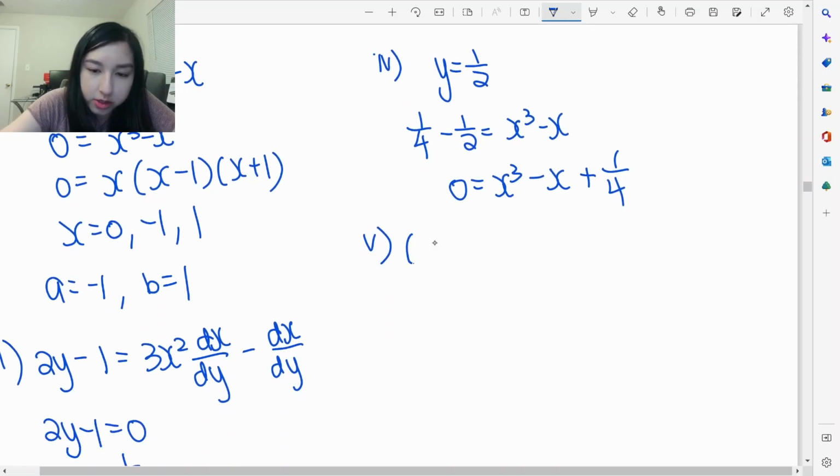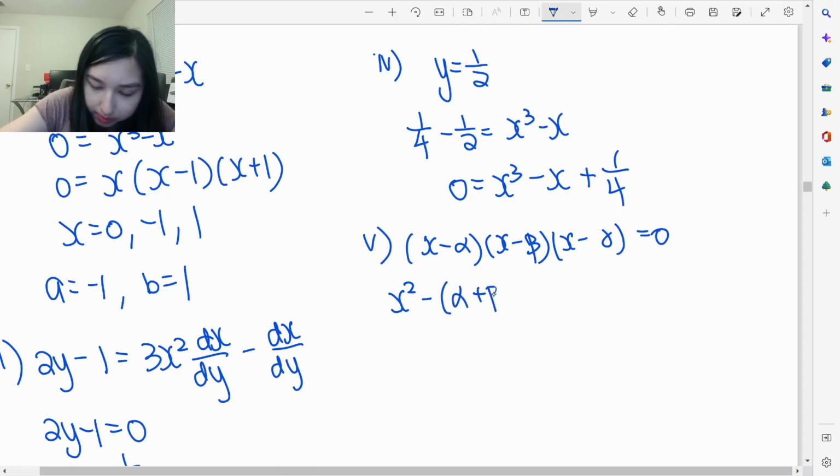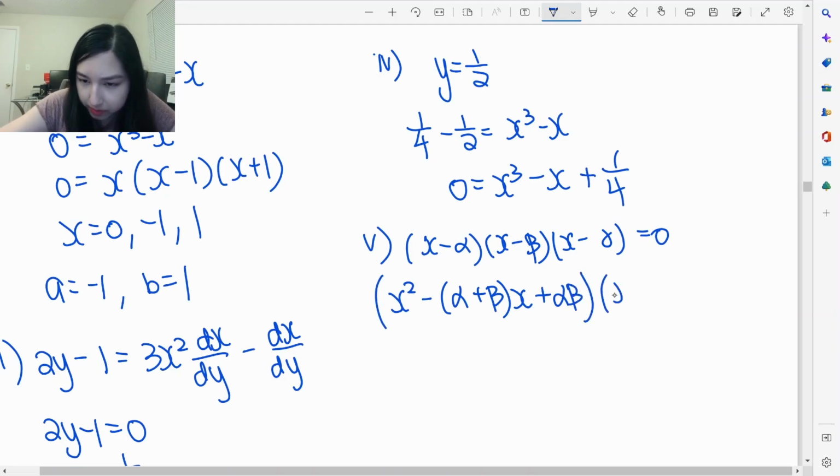Alright, so if we actually want to compare this, x minus alpha times x minus beta times x minus gamma equals 0. If we follow that, we will have x squared minus (alpha plus beta) x plus alpha beta, times x minus gamma equals 0.